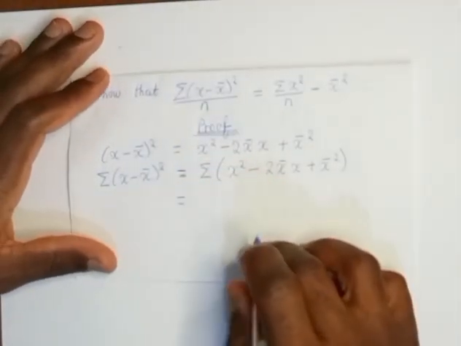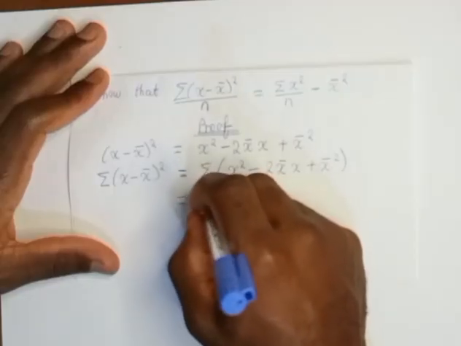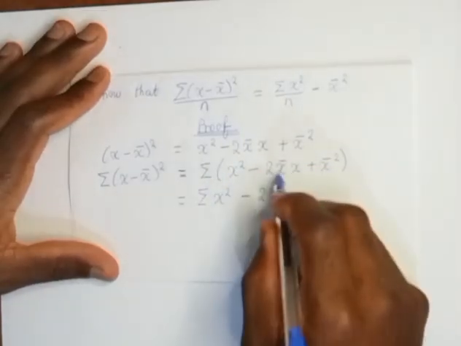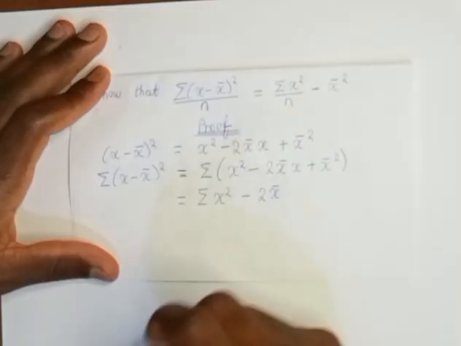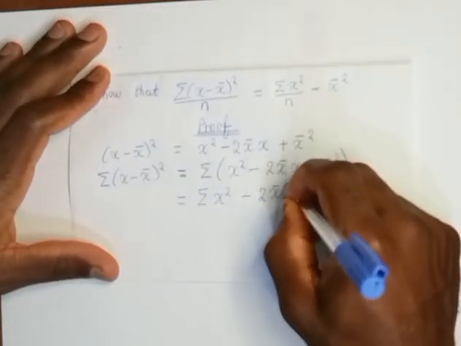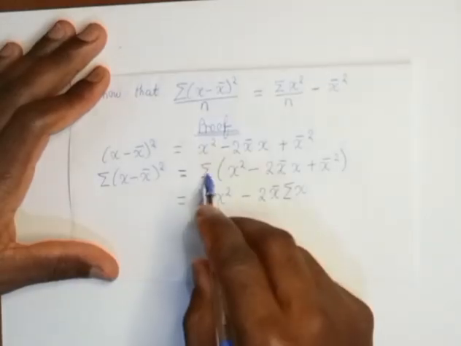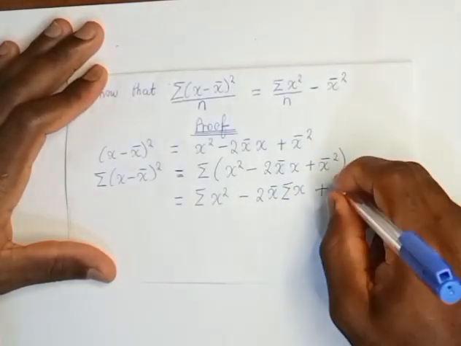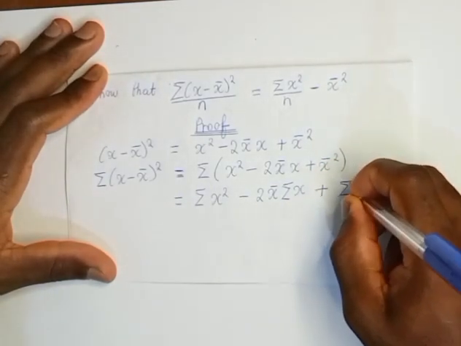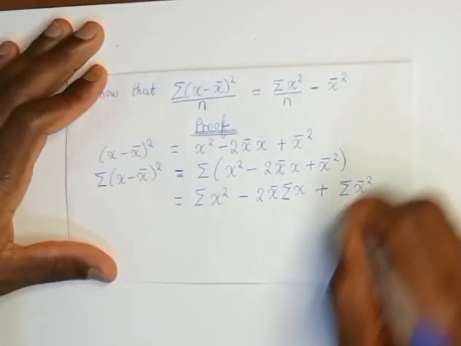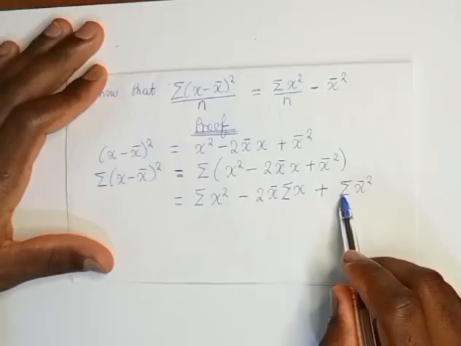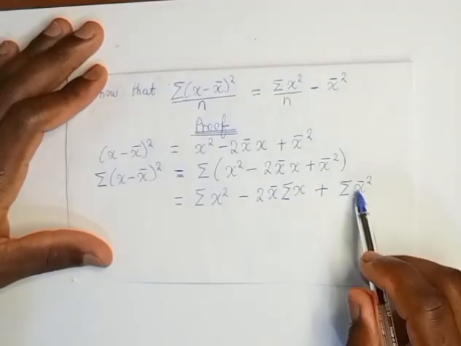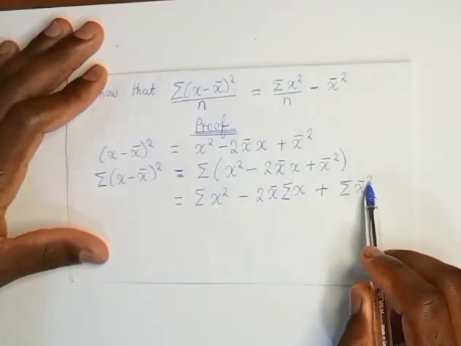This will simply be equal to, we can break this as a summation x squared minus 2x bar, which is a constant, times summation x. Summation will affect x because this x is a variable, plus we have a summation x bar squared. Sum means we are taking the sum from 1 right up to n for a constant x bar squared.